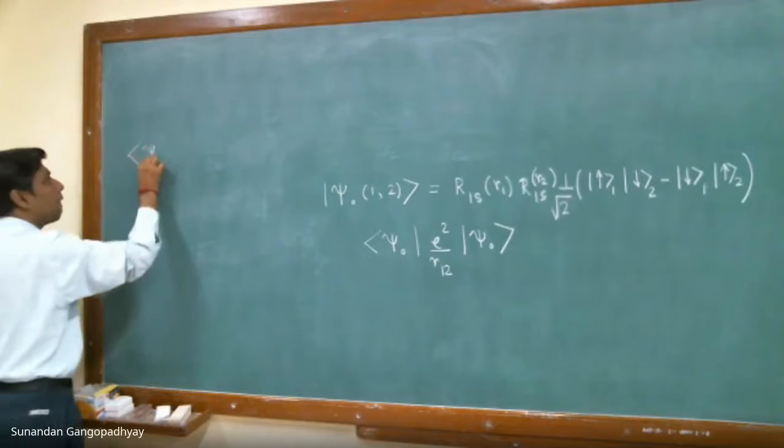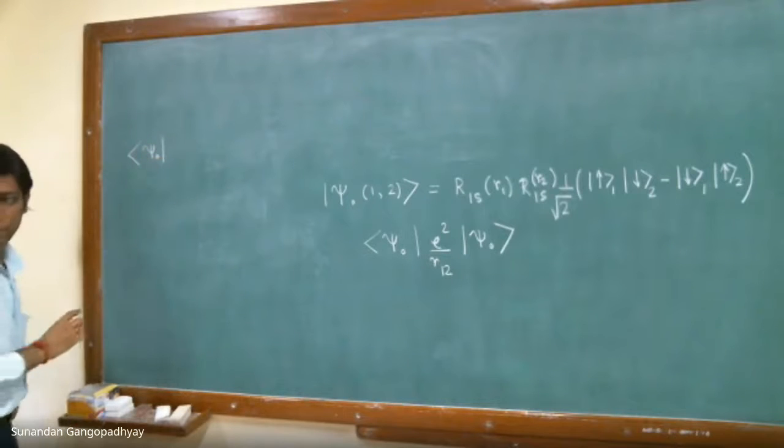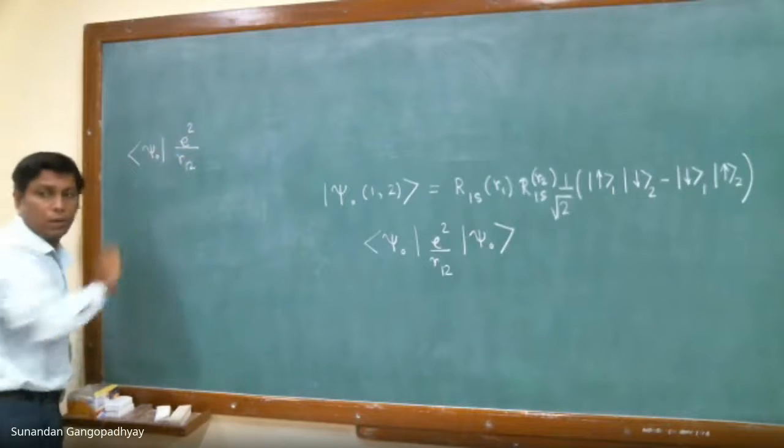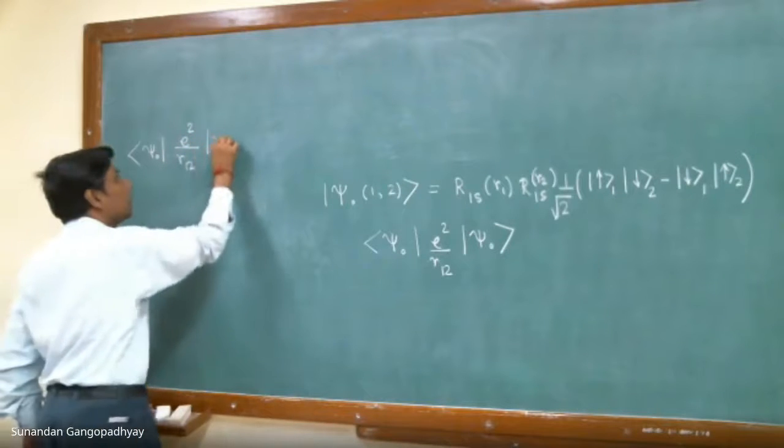I hope you can see this. So this is e square by r12, and then we have psi naught.